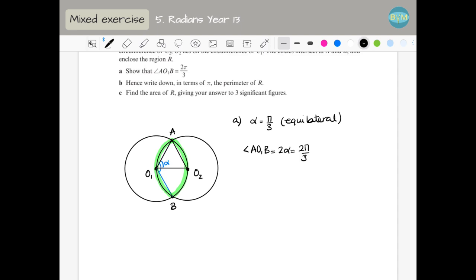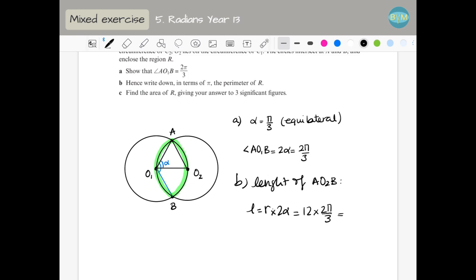So the length of this arc, AO2B, is going to be equal to r theta, because it's in theta, no, we call it alpha, 2 alpha. So r is 12 and the angle that we found is 2 pi thirds.